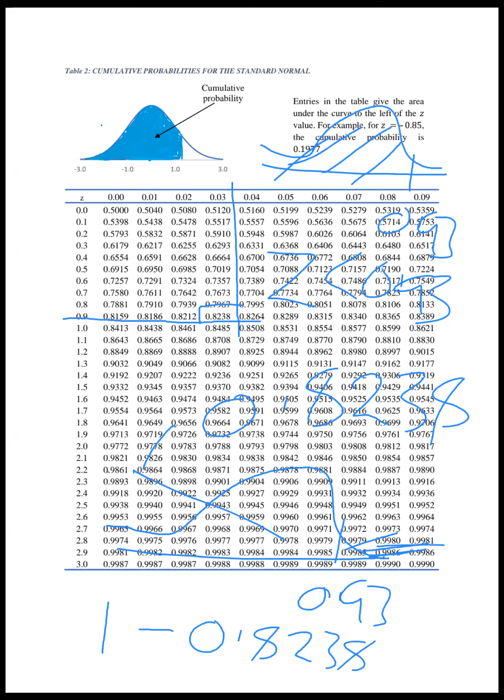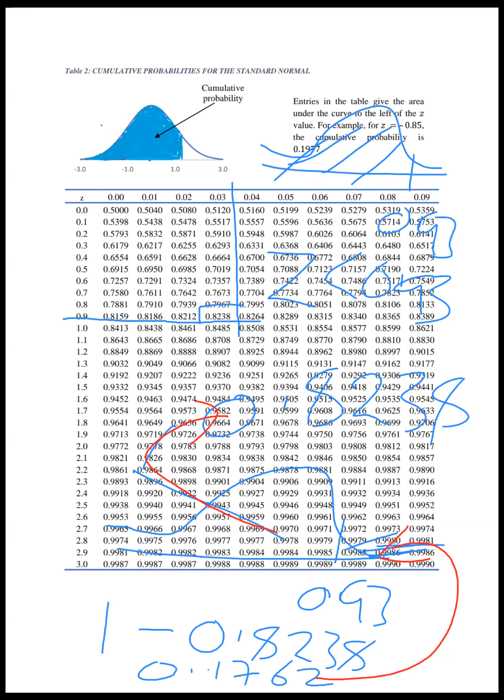That gives you 0.1762, the area greater than 0.93. The area less than comes directly from the table, so 1 minus that area gives us the other part that we have not been given.